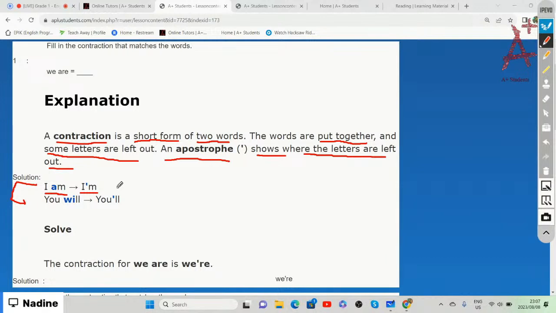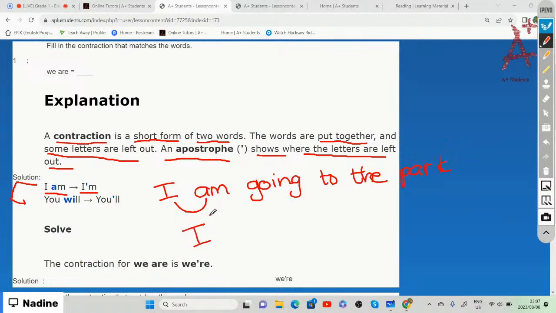So instead of saying I am going to the park, let me write it down. Instead of saying I am going to the park, we can use these two words in a shorter form by saying I'm.